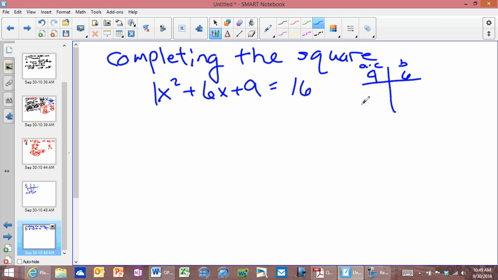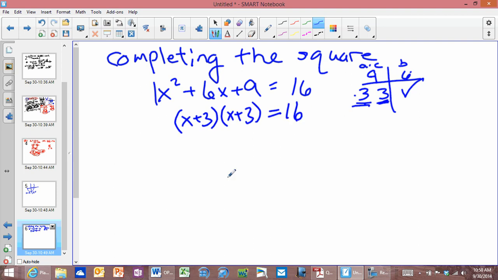When I'm completing the square, I want these two numbers to be the same, the numbers that add to 6. So what numbers multiply to 9? 3 and 3. Do those also add to 6? Yes, they do. Are they actually positive for that 9? Yes. Okay, that factors into x plus 3 because they're positive, x plus 3.